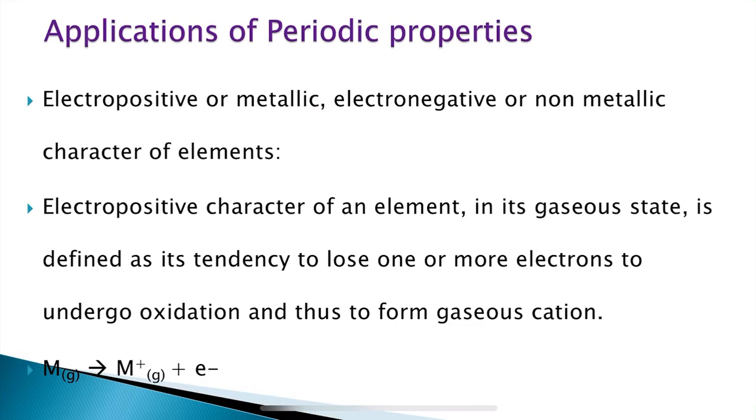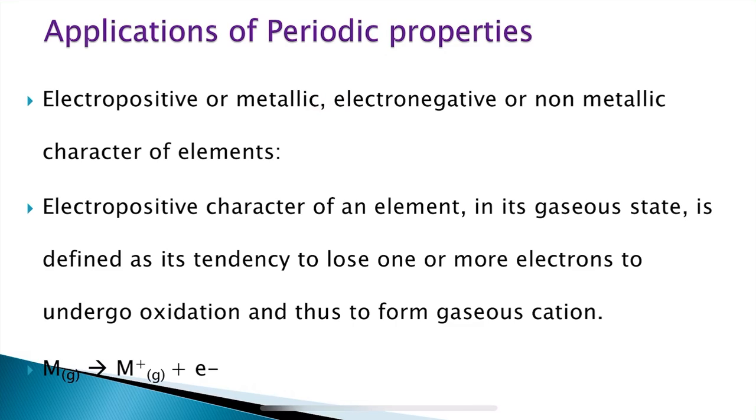In the same way, here the electropositive nature is the tendency to lose one or more electrons to undergo oxidation. When an electron has been removed from an atom, it has undergone oxidation and a gaseous cation is formed.